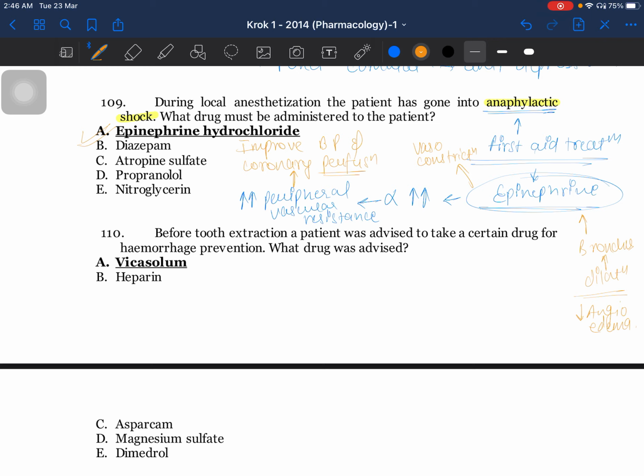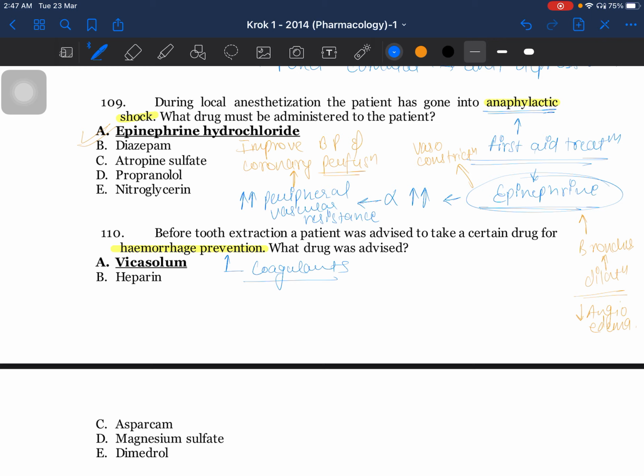Now the next question states that before tooth extraction, a patient was advised to take a certain drug for hemorrhage prevention. What drug was advised? So basically, for hemorrhage prevention, we will take coagulants.